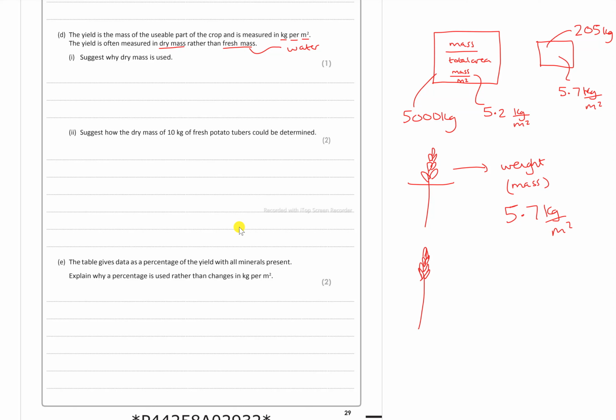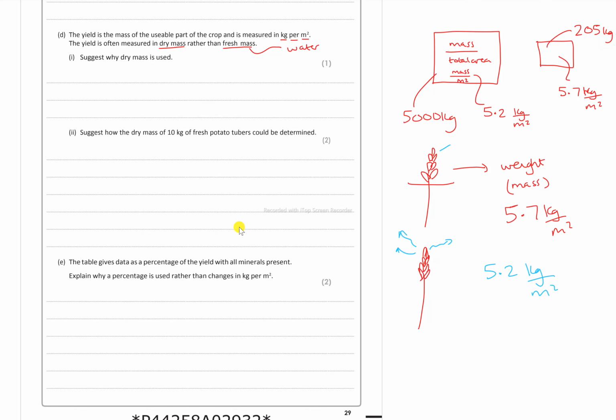I've still got the same size of crop, but this time the water vapor has evaporated, so I'm only going to get 5.2 kilograms per meter squared, although the mass is the same.